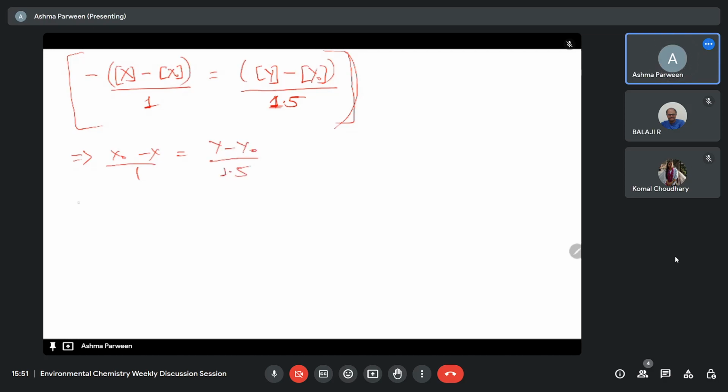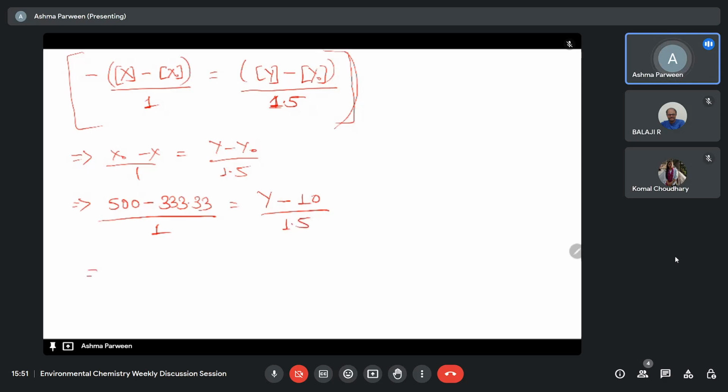So by simplifying, we will get x naught minus x by 1 is equal to y minus y naught by 1.5. We have the initial concentration of x as 500 milligrams per liter, and after 3 hours, we calculated it as 333.33, upon 1. We have to calculate the concentration of y, and the initial concentration was 10, and we will divide it by 1.5.